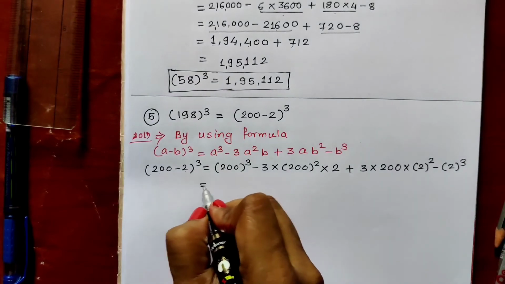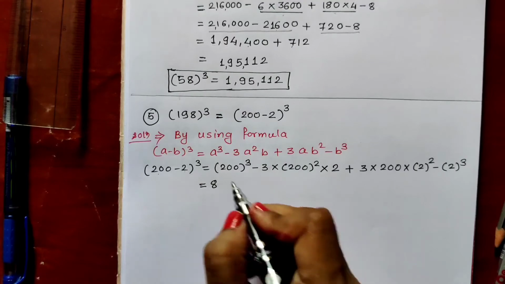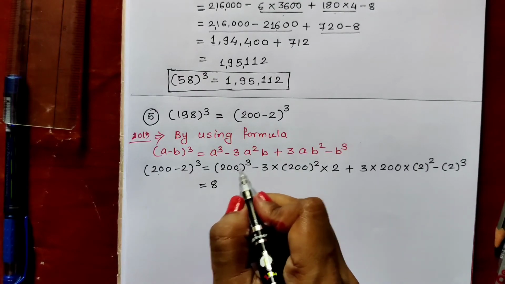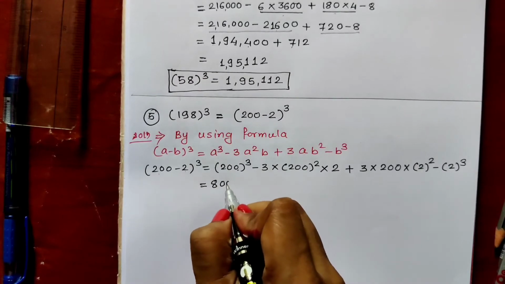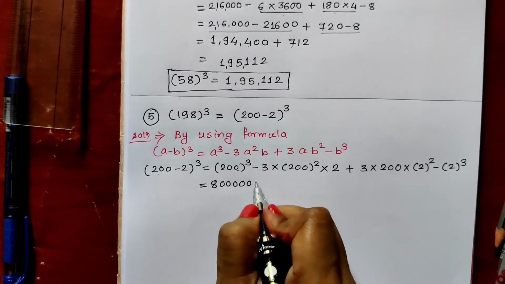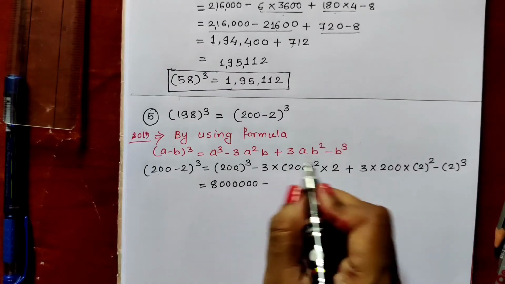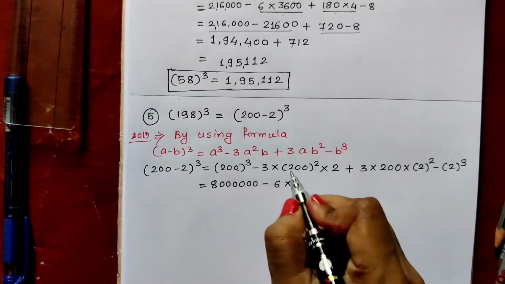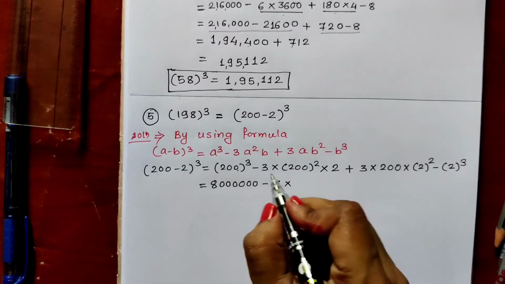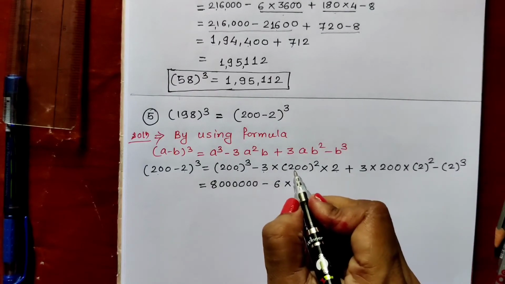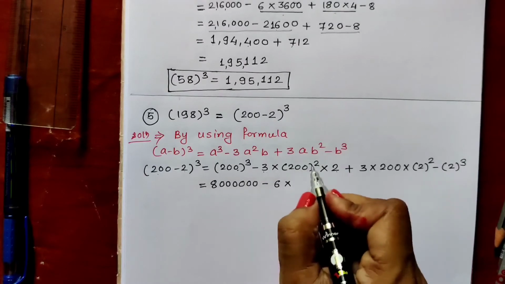Now we will be solving. 2 cube is 8 and 2 zeros are there and cube is there. So in place of 2 zeros, 2 3s are 6. So we will be writing 6 zeros. 1, 2, 3, 4, 5, 6. Now we will do multiplication of 3 into 2. 3 2s are 6. Multiply by 200 square. Okay. Single numbers are there. We have to multiply them first and then we will be writing the square of the number.